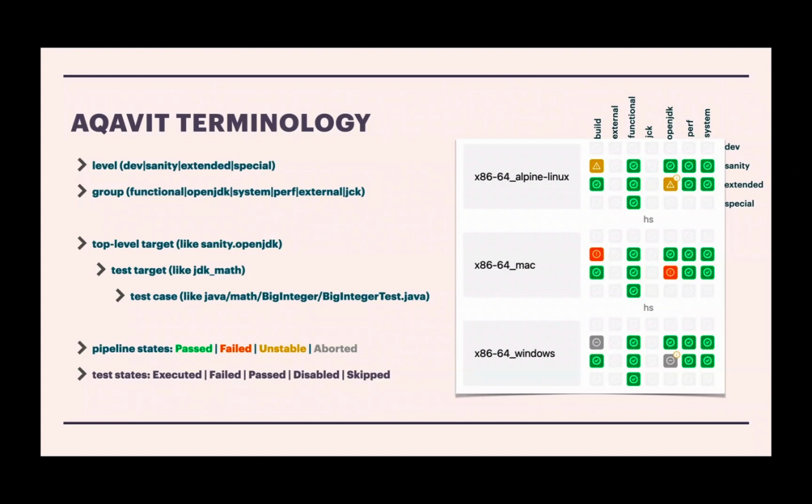Some of these chiclets represent not just hundreds of tests, but thousands of tests, depending on the group and the level. All right, so you can see the pipeline states, the green, red, yellow, and gray mirror the same colors and states that you would see in a Jenkins build. So just as a reference, the green we can ignore during a release because that indicates all tests were run and all tests pass. Yellow needs investigation because that means the pipeline was able to complete, but there were some test cases failing.